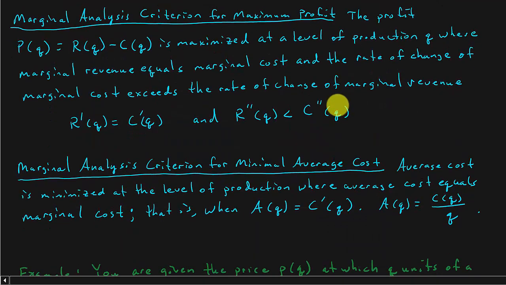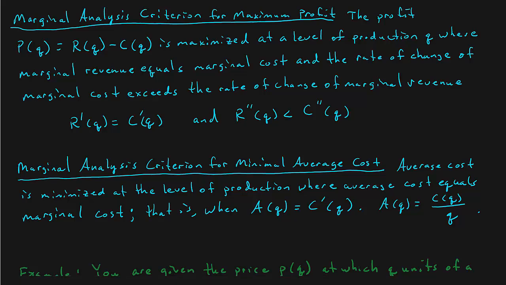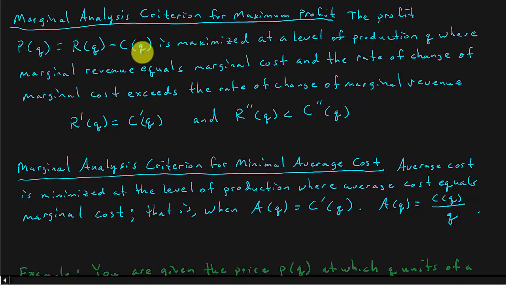All right. Let's look at this. We've got marginal analysis criterion for maximum profit. It says the profit P of Q is equal to R of Q minus C of Q. So the profit is just revenue minus cost, is maximized at a level of production Q where marginal revenue equals marginal cost and the rate of change of marginal cost exceeds the rate of change of marginal revenue.